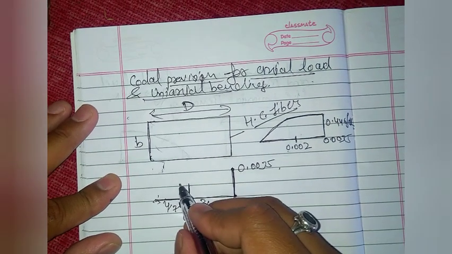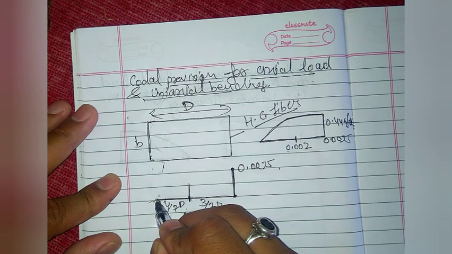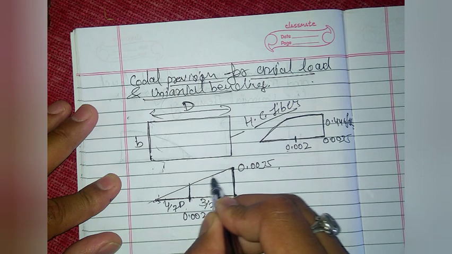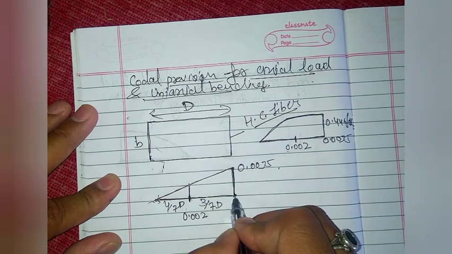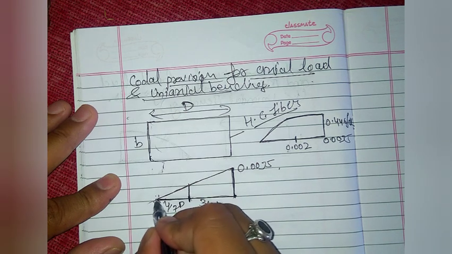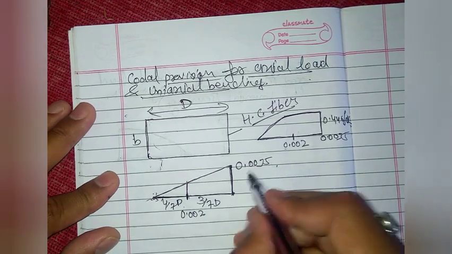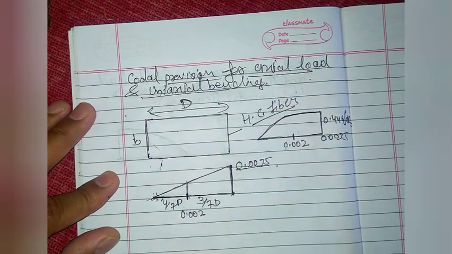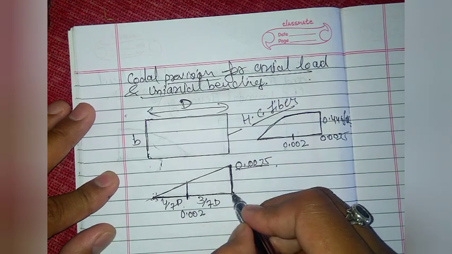Now we'll join this. This is the strain value when the neutral axis is at the least compressed side of the column. This is the maximum strain in the concrete column at the highly compressed fiber.